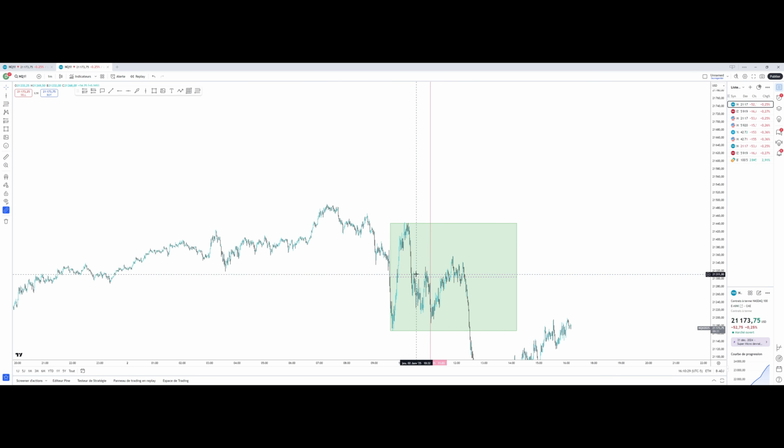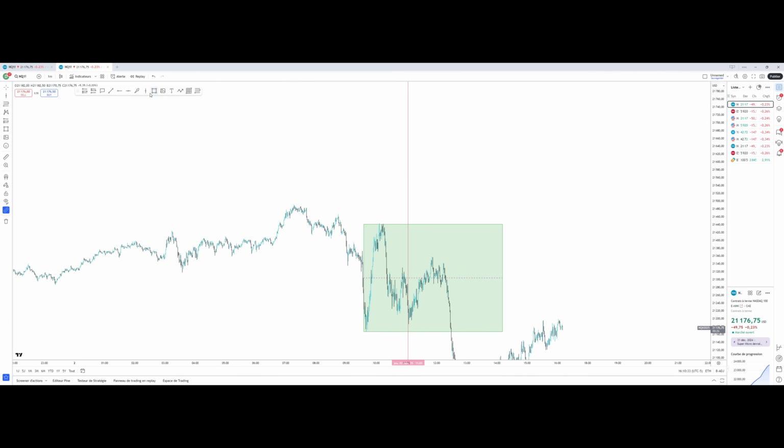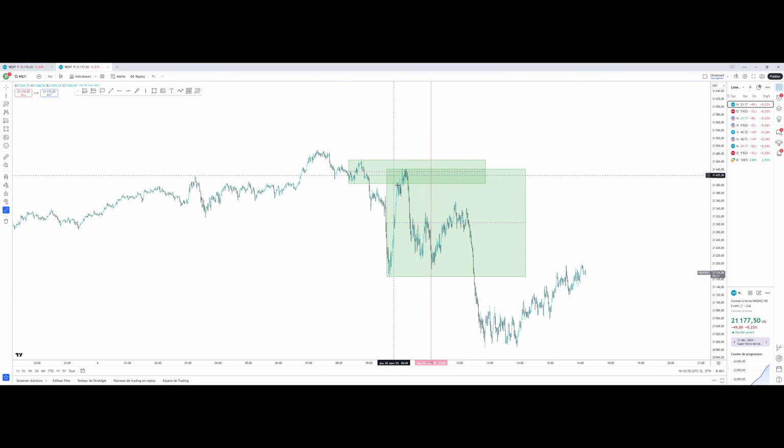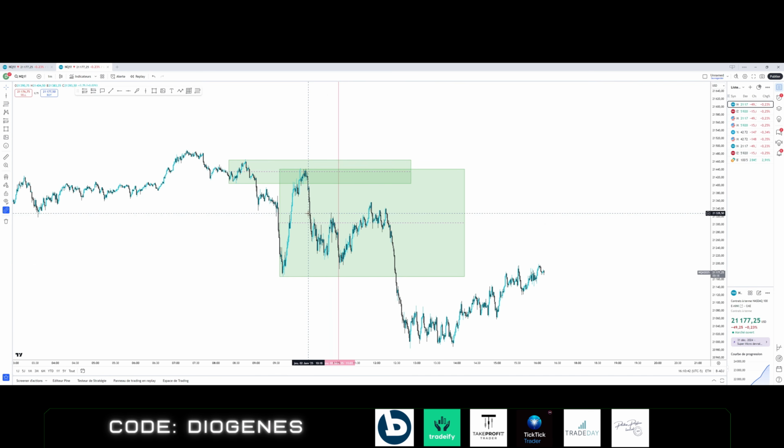Price reacted to this zone and came down, and when it came down, we just decided to range in this.